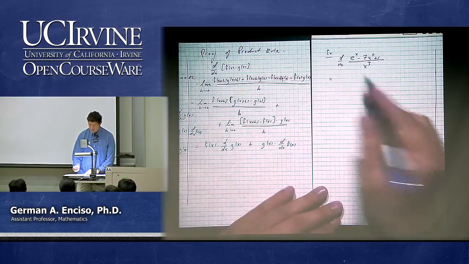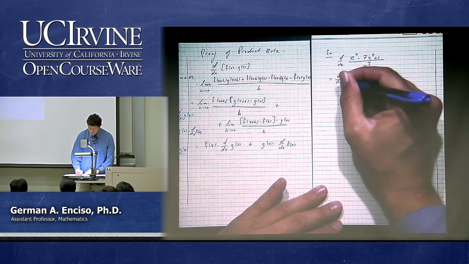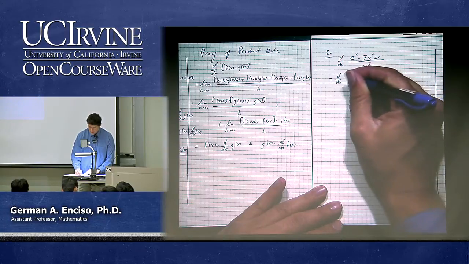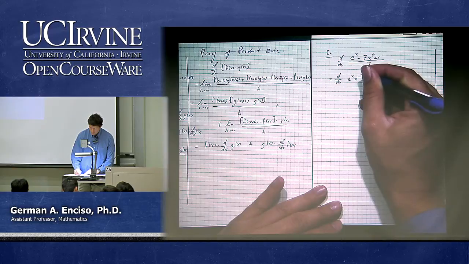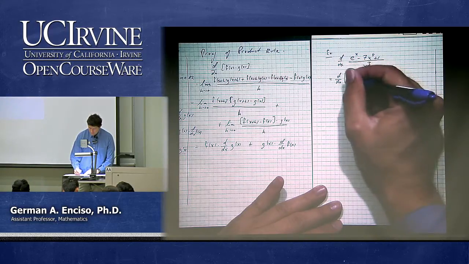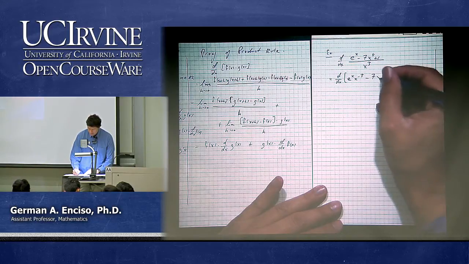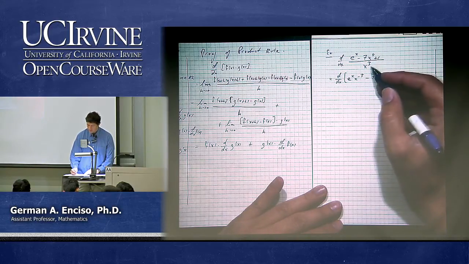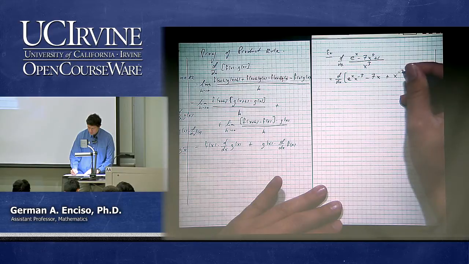So instead of using the evil quotient rule, we're going to rewrite this as e to the x times x to the minus 3. Okay, this is a parenthesis, minus 7x to the 4 minus 3, which is just 1, plus 1x to the minus 3.